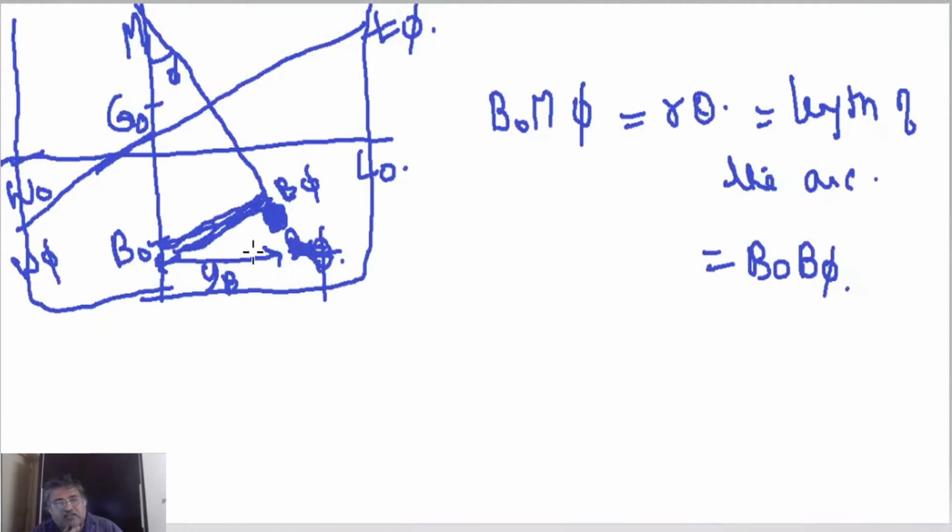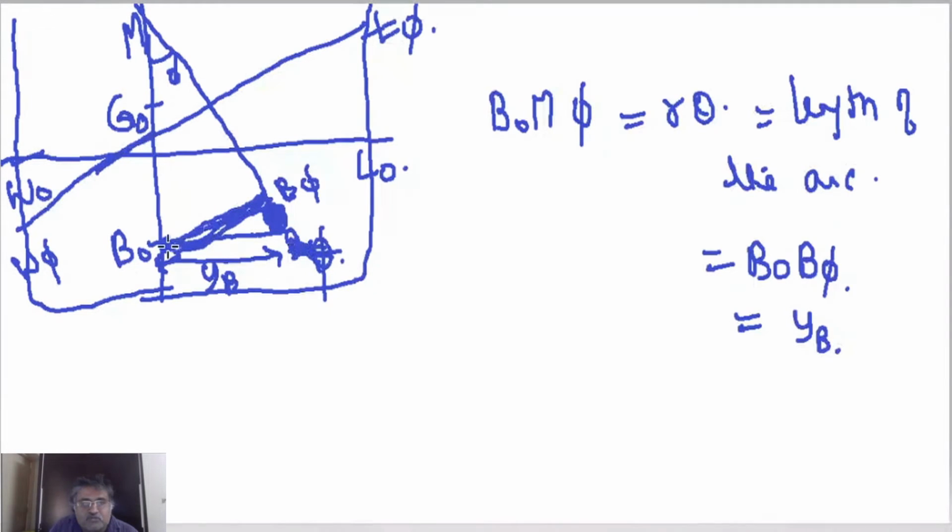So we are going to assume that the length of this arc B0 to B phi is equal to this YB. The vertical distance ZB through which it moves is very small. We assume that it is negligible.